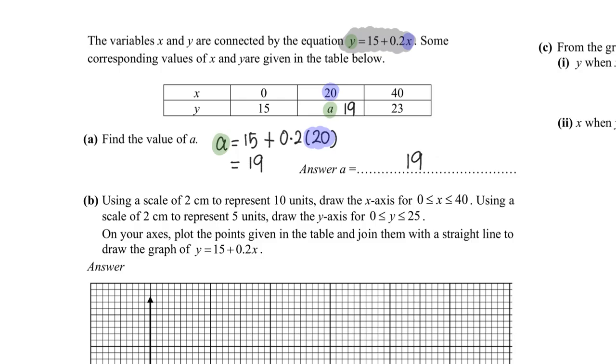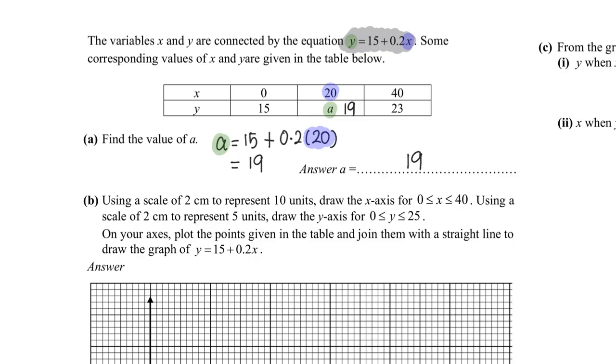Now, for part B, we are required to plot this graph. Draw this graph on the axis given, and 2 cm to represent 10 units for the x-axis, meaning we count by 10, like 0, 10, 20, 30, 40 for every 2 cm.